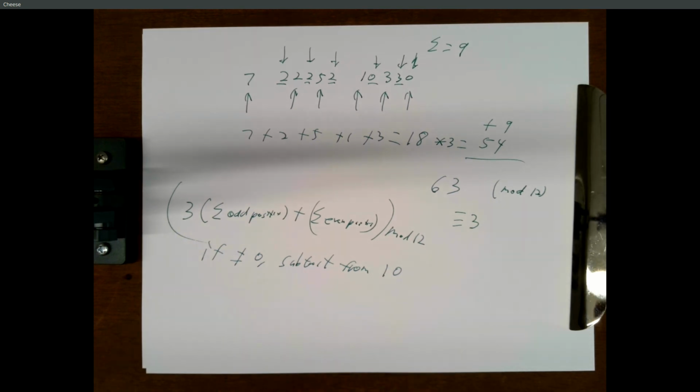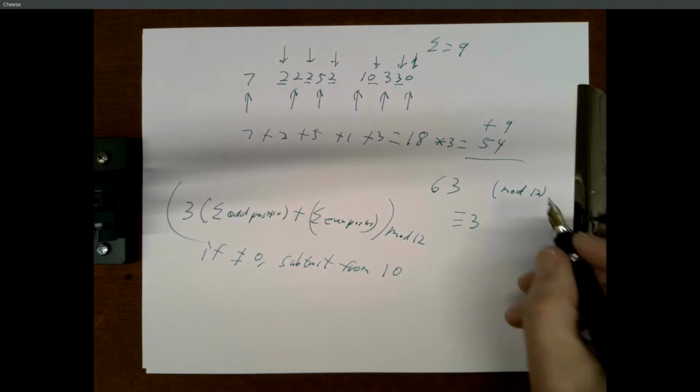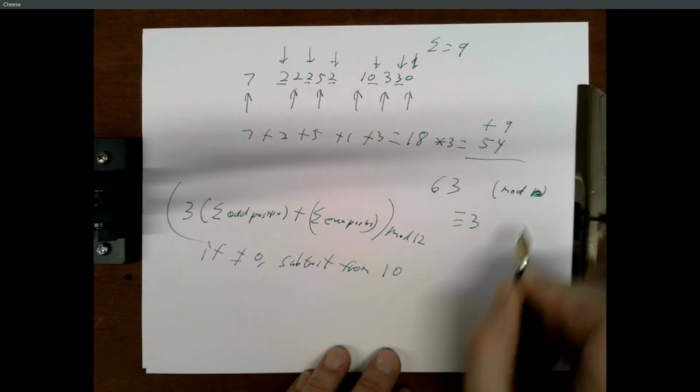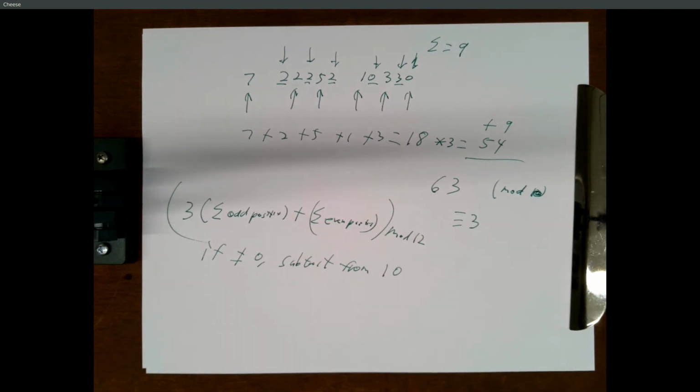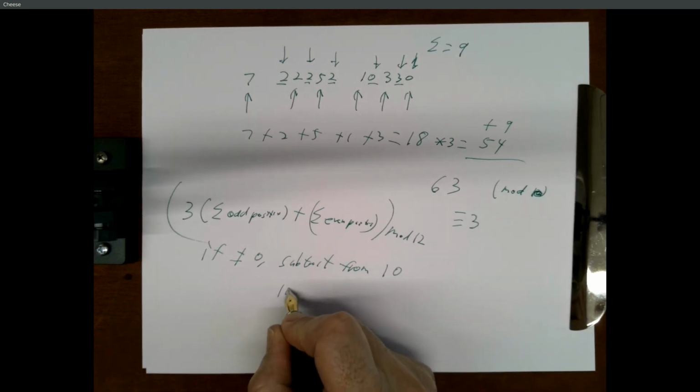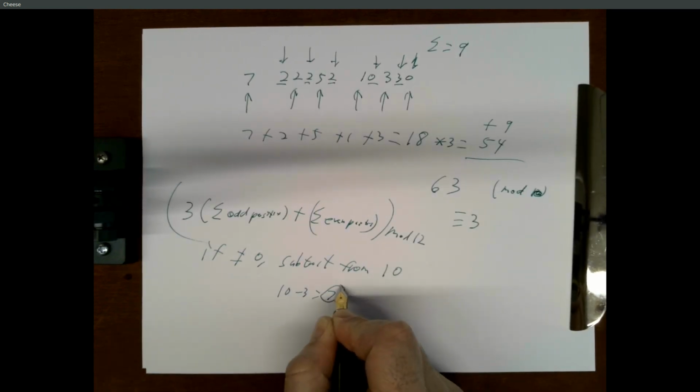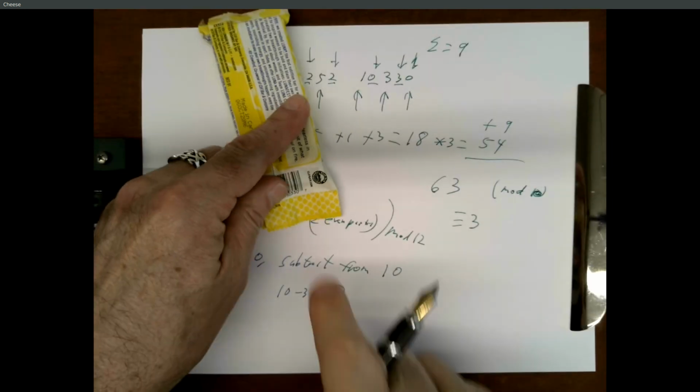Modulo 12 doesn't feel right. Modulo 10. Okay, so 63 mod 10 is 3. And if you get 0, you leave it as a 0. Otherwise, you subtract it from 10. Okay, so 10 minus 3 equals 7. Right, that's the check digit.